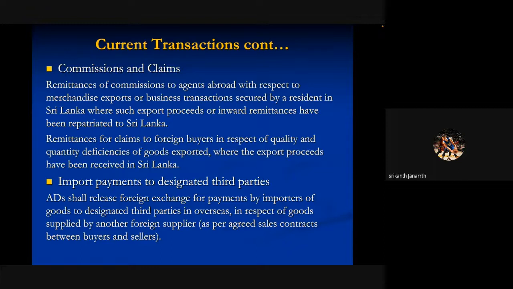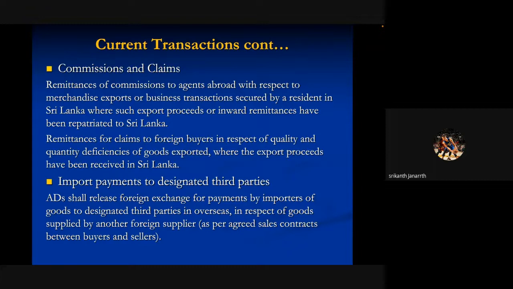But the Malaysian company says all our payment should go to our Singapore account. So they have a different arm to collect the payment. So the Sri Lankan importing goods from Malaysia has to make the payment to the Singapore designated third party, because they are the agent on behalf of the Malaysian supplier.